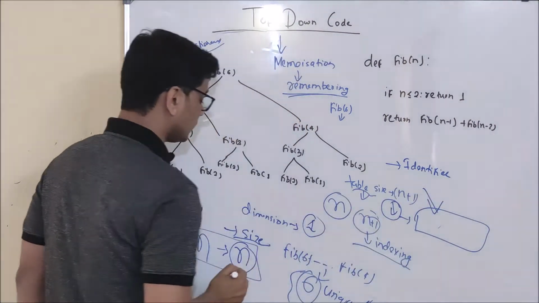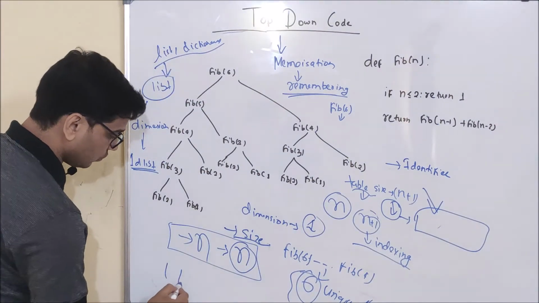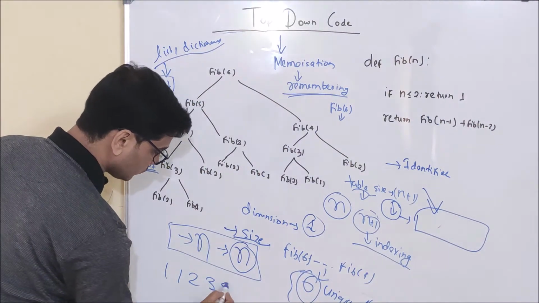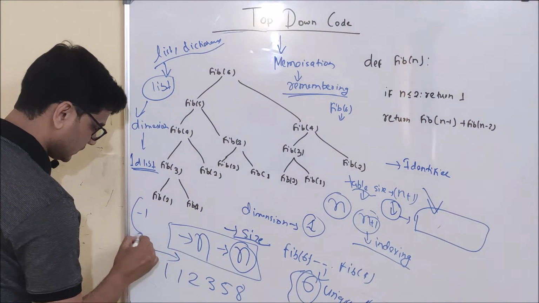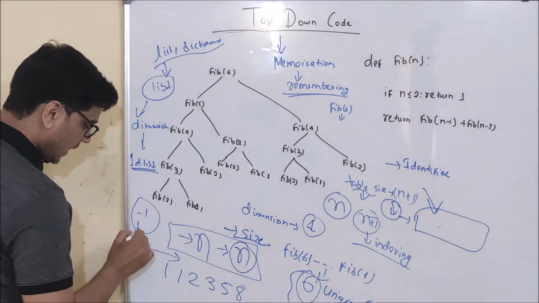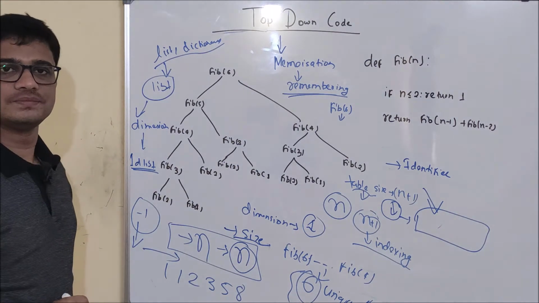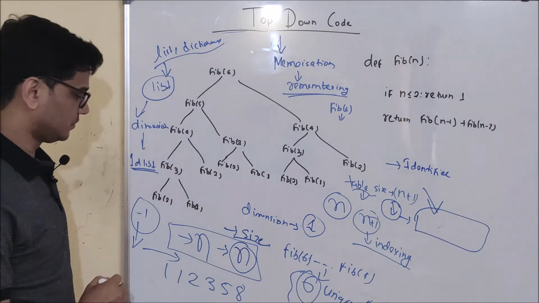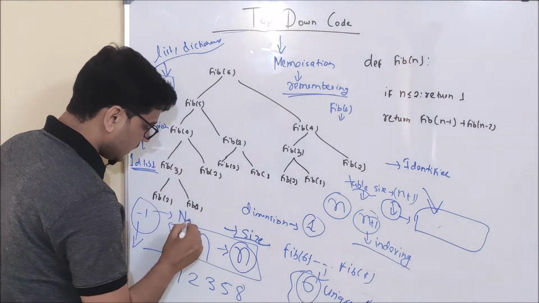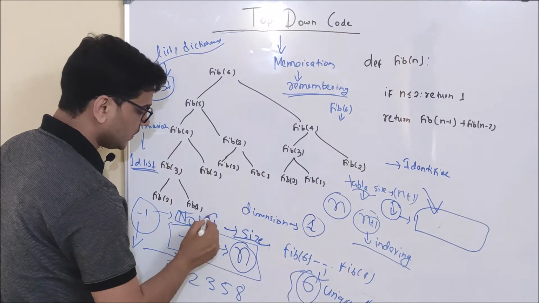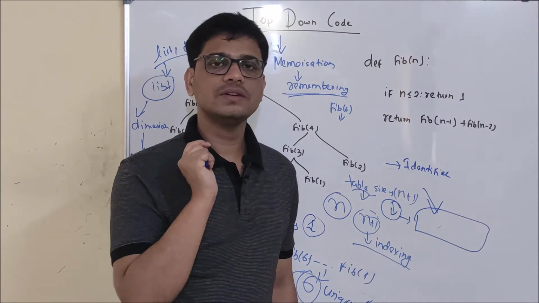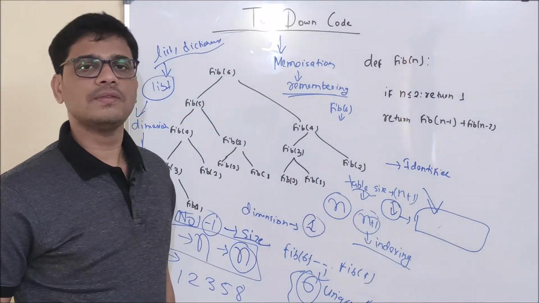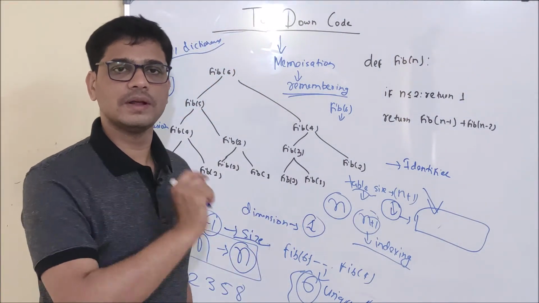What was our Fibonacci series? 1, 1, 2, 3, 5, 8. Does my Fibonacci series have any negative value? The answer is no. So if my identifier is -1, are we safe? The answer is yes. So my identifier will be -1.